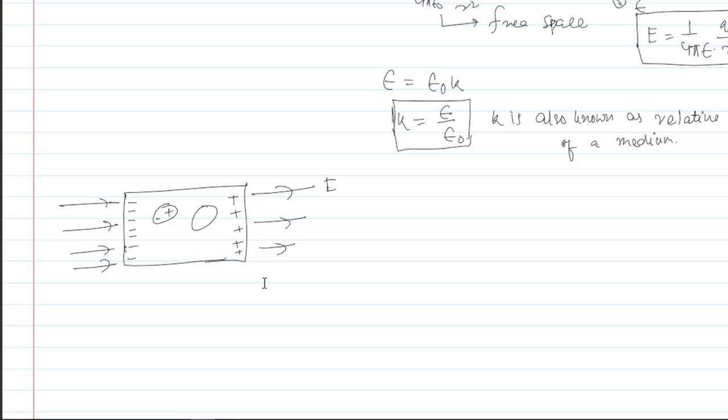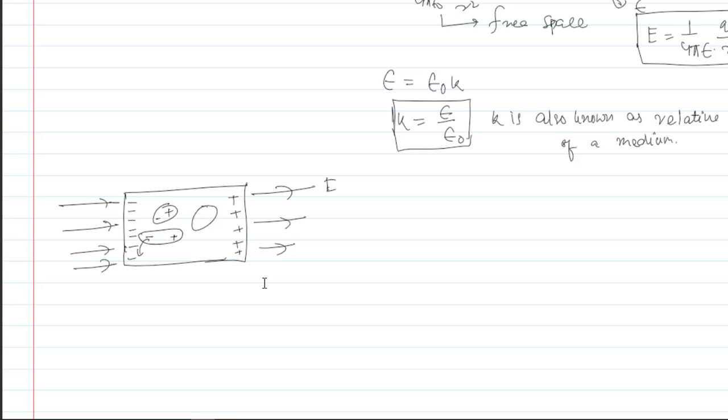Now what will happen if we increase the electric field? The separation between the positive and negative charge will increase, because the electric field is applying force on the negative and positive charges. The negative charge is getting attracted towards the left, whereas the positive charge is getting attracted towards the right. So if we keep increasing the electric field, there will be a point when the force due to the electric field is so high that the electron will get out of the atom and become a free electron.